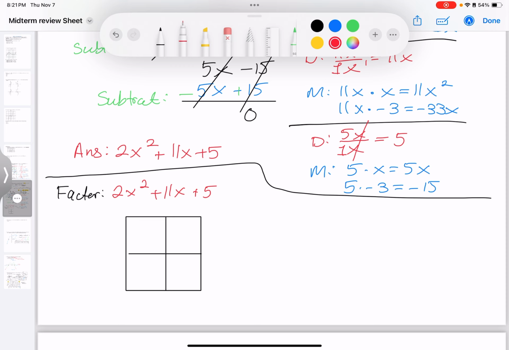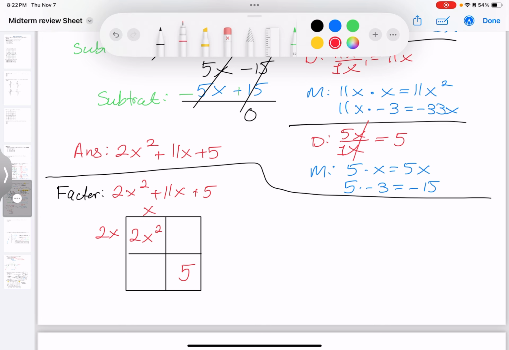So we put our 2x squared inside the top left. We put our 5 on the bottom right. And we find numbers that multiply to 2x squared and numbers that multiply to positive 5. For 2x squared, we know that's going to be 2x times x. And numbers that multiply to positive 5, we know it's going to be 1 and 5.